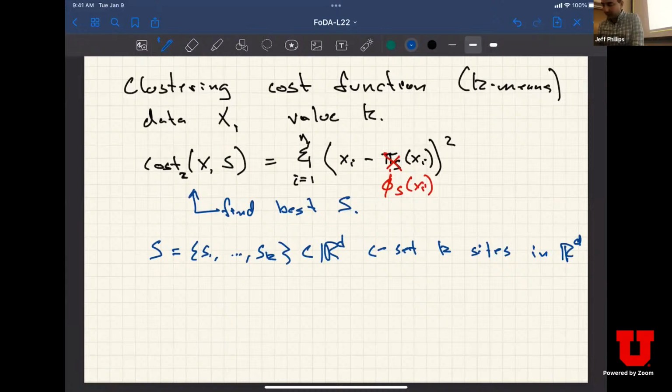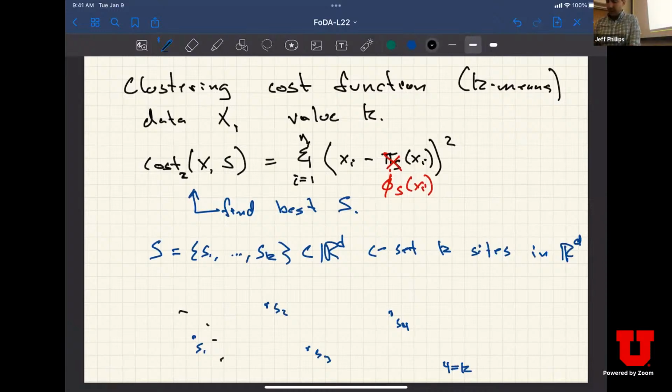I'm going to get a set of sites, say S1, S2, S3, S4, and in this example 4 equals k, the number of sites I have, and I'm going to project all the data onto these, right?